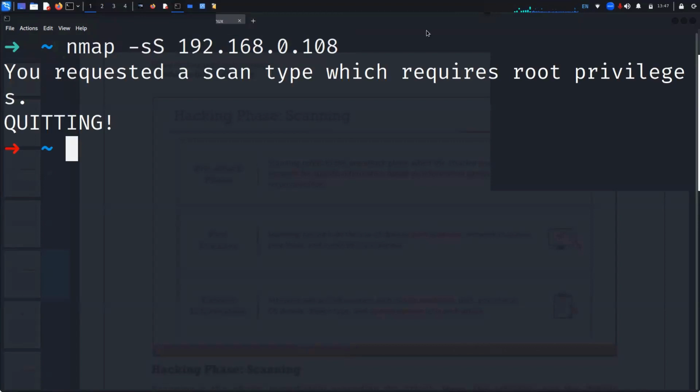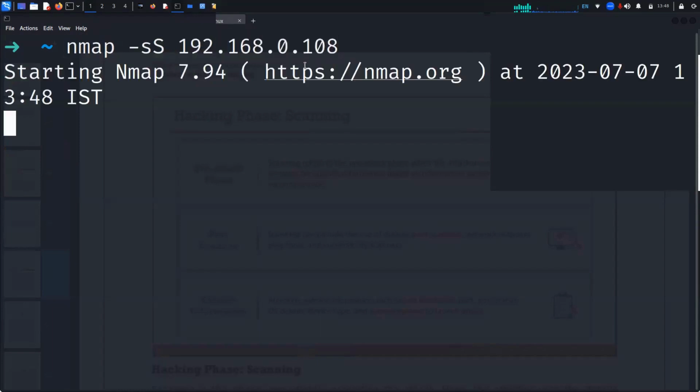Sorry, just stopping screen share for a while to enter my password. Yeah, so nmap -sS, capital S for a SYN scan, followed by the IP address. So we'll wait for Nmap to process this.